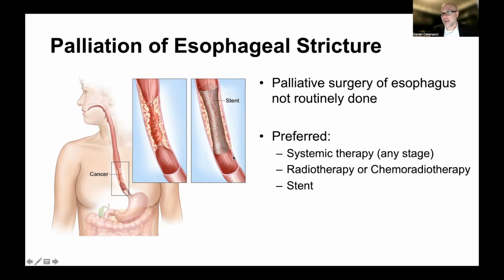So not eating right before bed, sleeping a little bit upright, etc. So again, palliation of these strictures, there are strategies, probably never surgery, stent after failure of other measures.